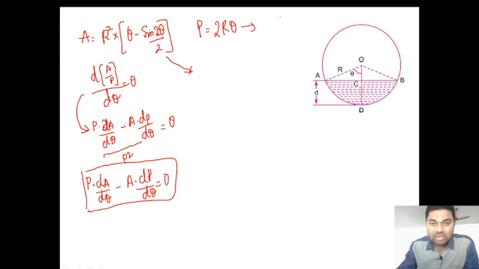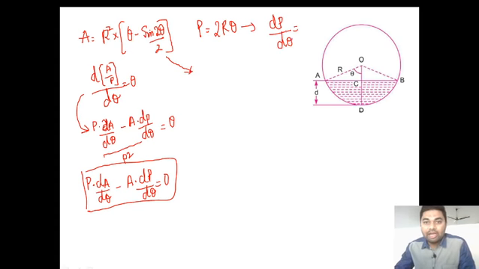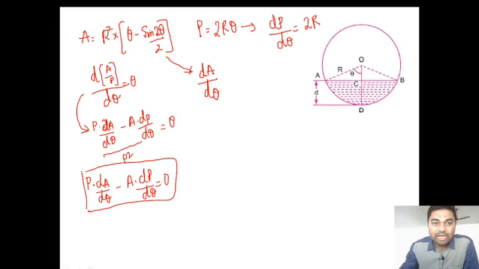If we differentiate the perimeter equation, dP/dθ is equal to 2r, since theta's coefficient is 1 and 2r is constant. From the area equation, dA/dθ is equal to r square, with 1 remaining as it is, minus the derivative of sin 2θ by 2, which is cos 2θ into 2 by 2.